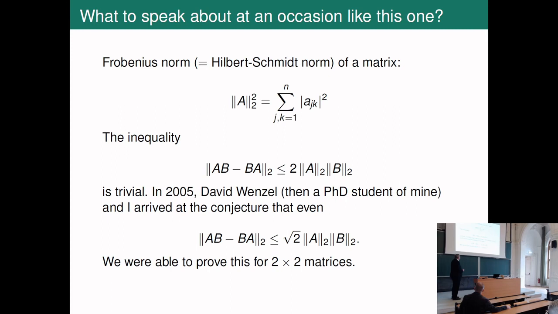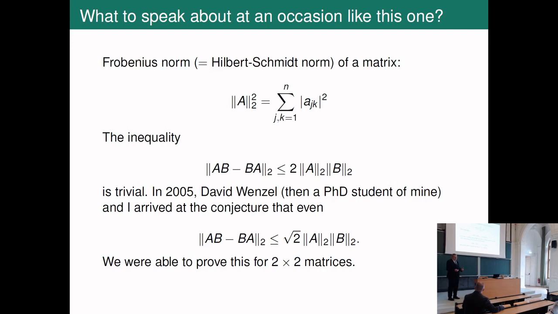The first sentence was: if we have two matrices of Frobenius norm 1, then the commutator can assume every value between 0 and 2. 0 if the matrices commute, and 2 if... and suddenly I didn't find a pair of matrices such that the commutator is 2. I tried it 1 hour, I tried it 2 hours, and then did what one usually does.